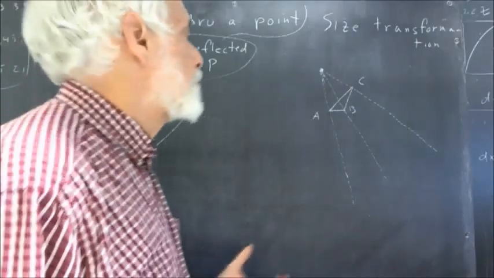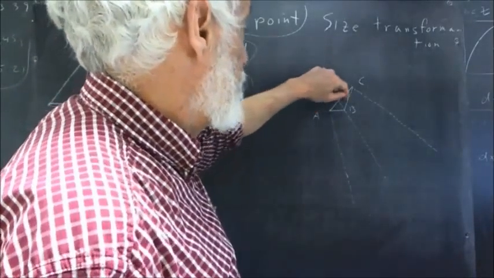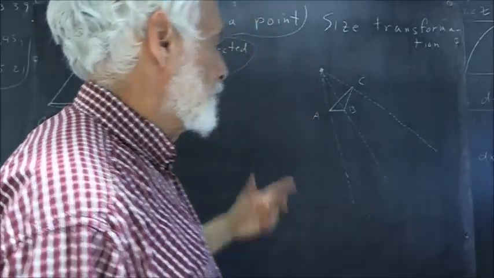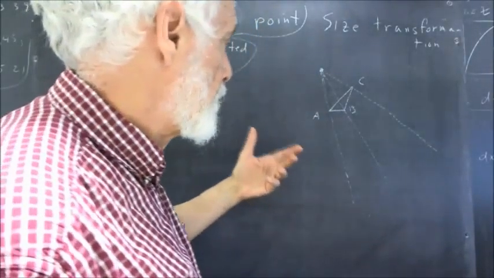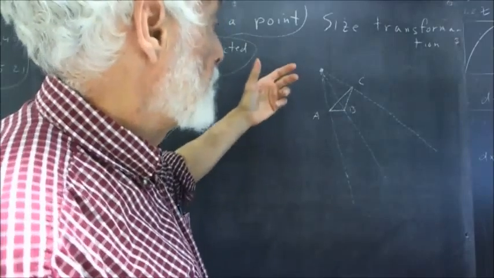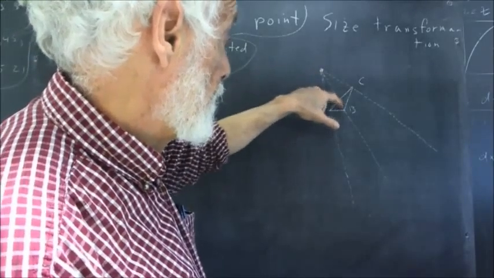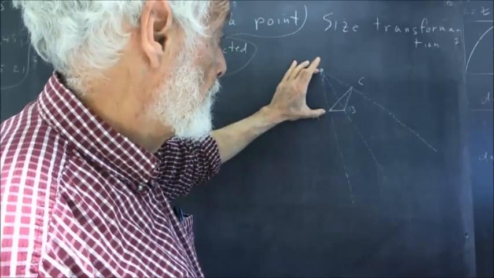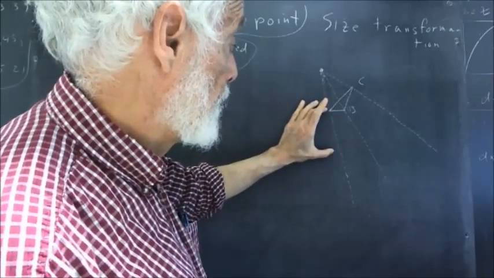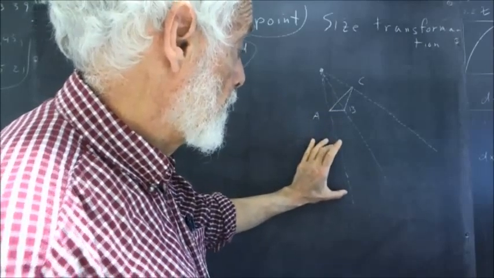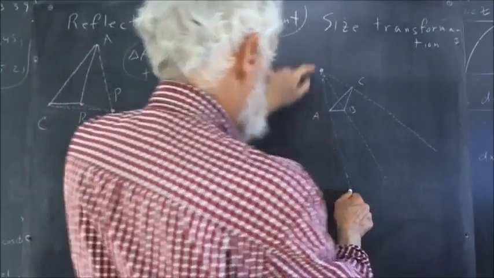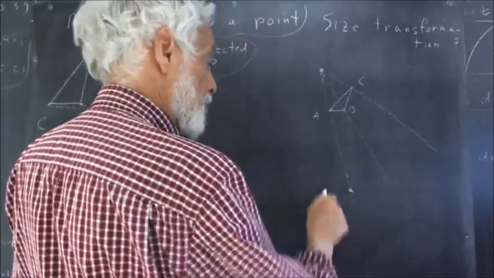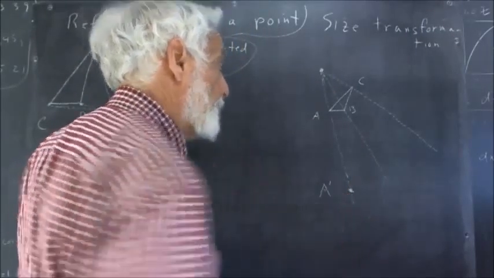Now, if we want to draw an enlarged version of this triangle, all we have to do is take this distance. Let's say we want the triangle to have sides 3 times as long as the sides of the original triangle. So we take this distance here, and we go that far, and then that far again. And now we're at a point 3 times as far from this point along this line, and we call that point A prime.